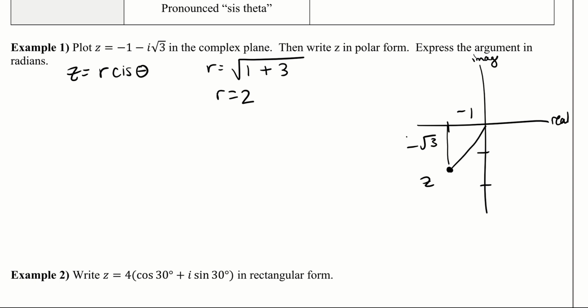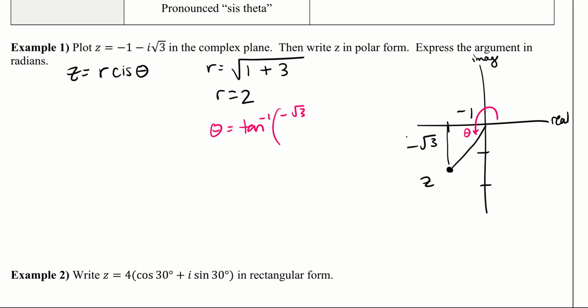And the next thing I have to find is what is theta? What is theta here? As I figure out where is the placement of this, starting from the x-axis. So I want the inverse tangent. So theta can be found by doing the inverse tangent of, we'll use b over a, imaginary over real, y over x, lots of different ways to think about this.